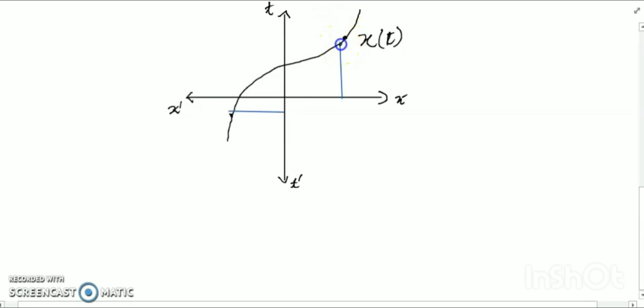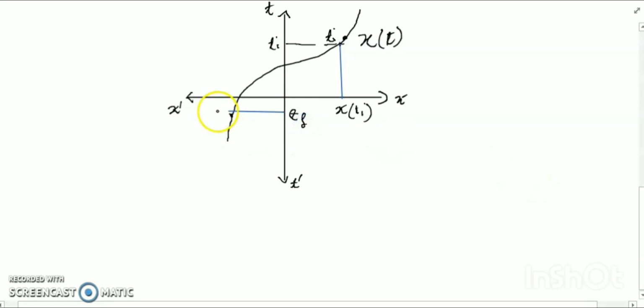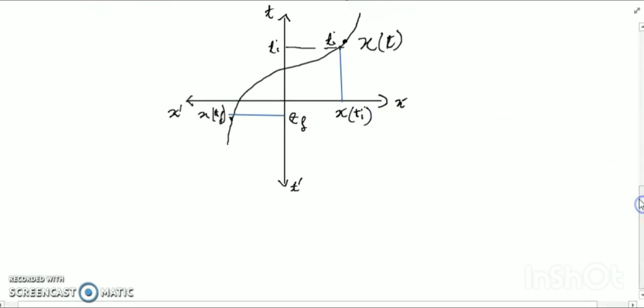This point is x at ti and this is ti. And this is tf, final, and this is x at tf. Okay, this is the total diagram.